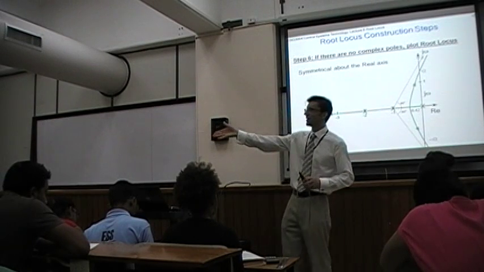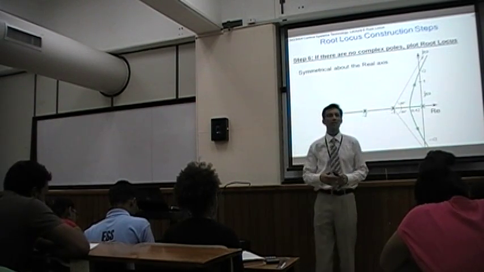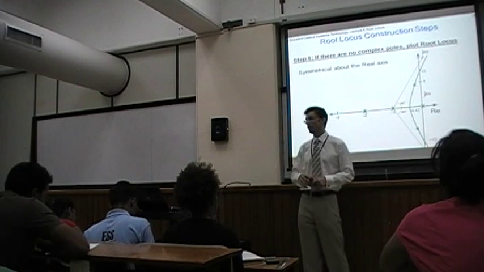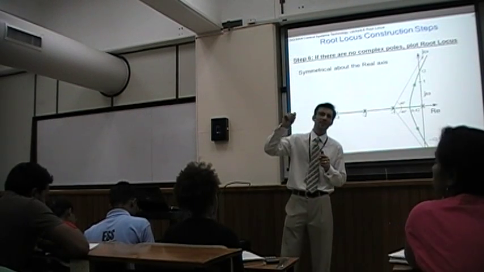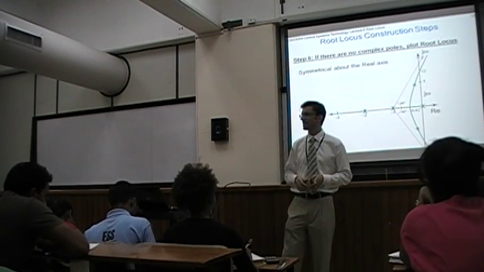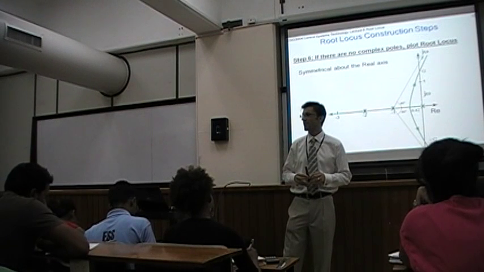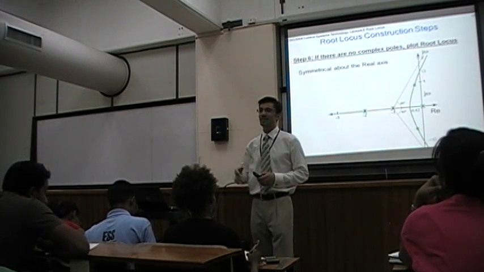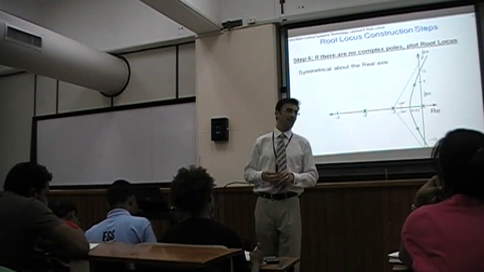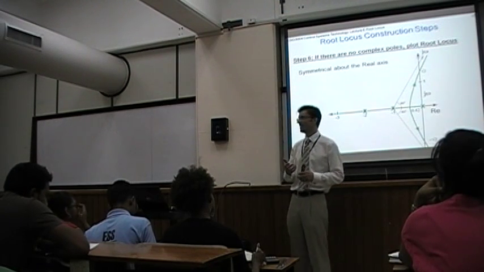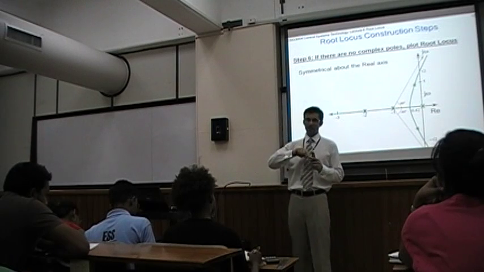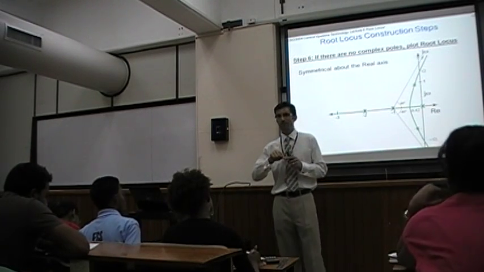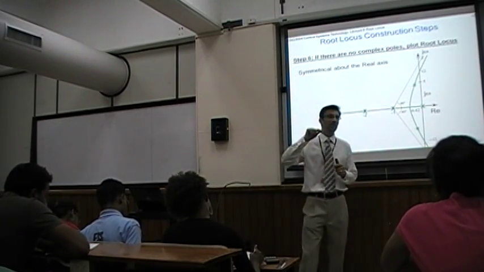So then we get to determining our breakaway point. How do we determine our breakout point, where the locus leaves the real axis? That's the point at which dk by ds equals 0. In other words, the change in your gain with respect to your s value equals 0.